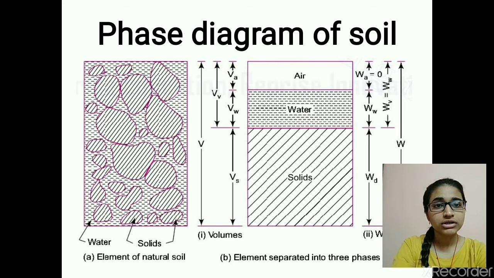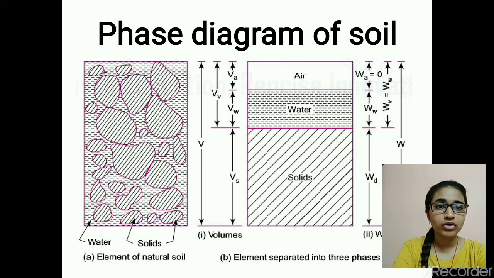The total volume is expressed by V, and Vs is the volume of only the soil grains, or you can say the volume of solids. Vw represents the volume of water, and Va the volume of air.